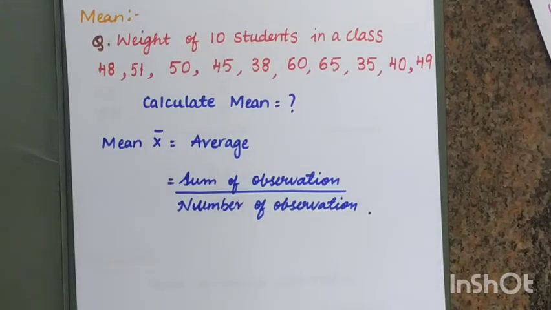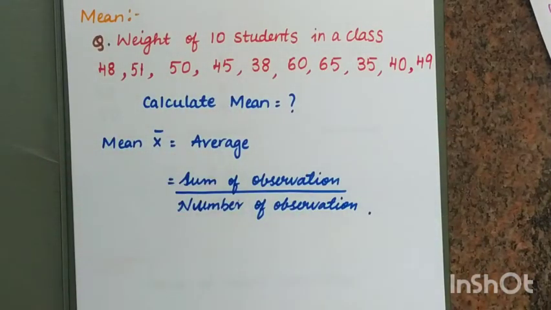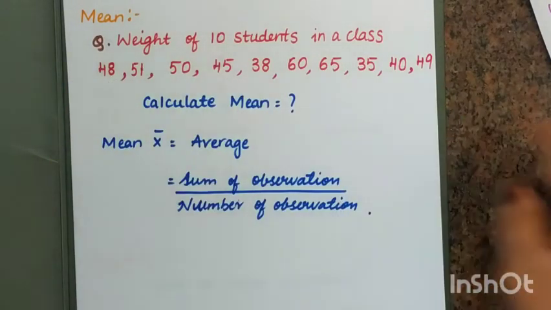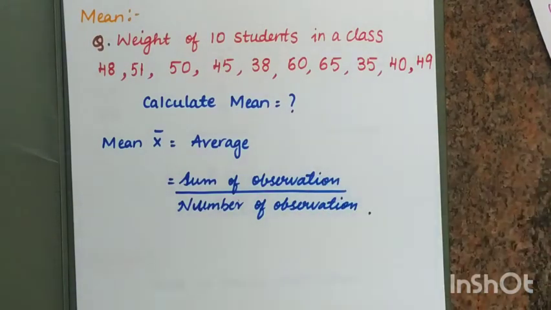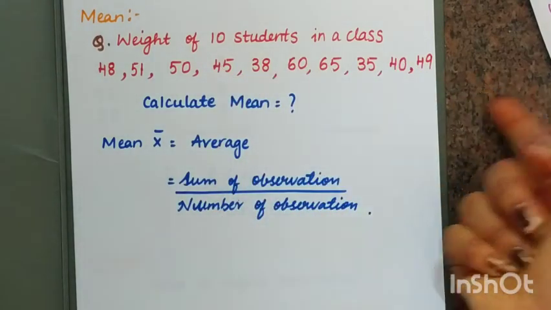Now we will go with the central tendency of data, that is mean, median and mode. The first topic we will study now is mean. So here is the question. The weight of 10 students in a class is given. Now they are telling us to calculate the mean. The mean is the sum of observations divided by the number of observations. So you are supposed to add all these values and divide by the number of values.